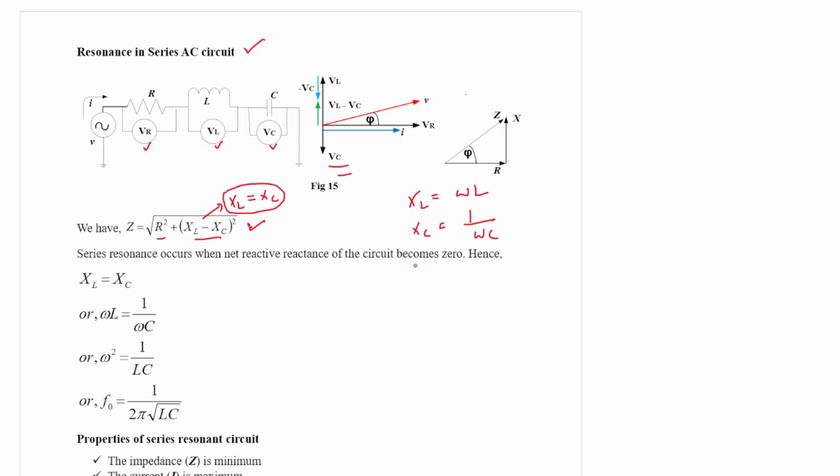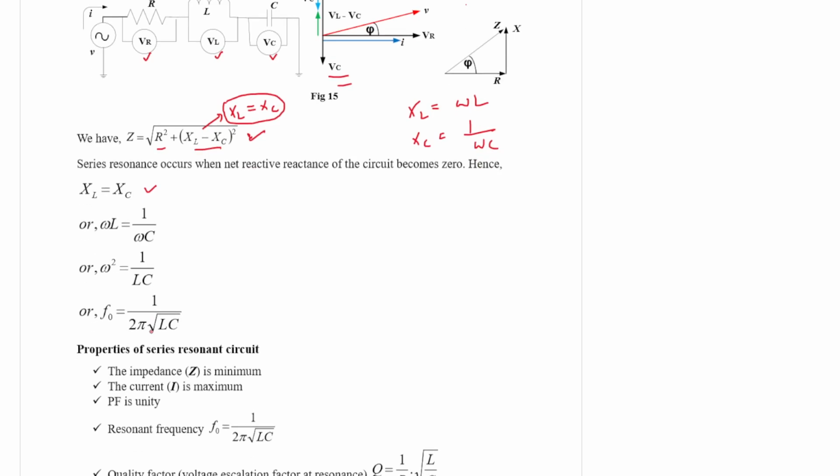It can happen. So when this happens, omega L becomes 1 by omega C. From there we can reduce the expression, that is omega square is equal to 1 by LC. Here we can say F0 is equal to 1 by 2 pi root under LC.